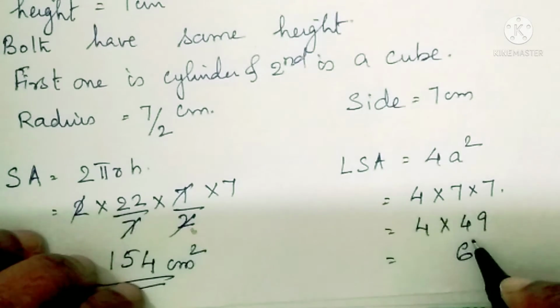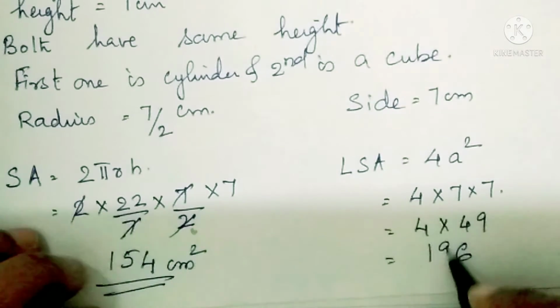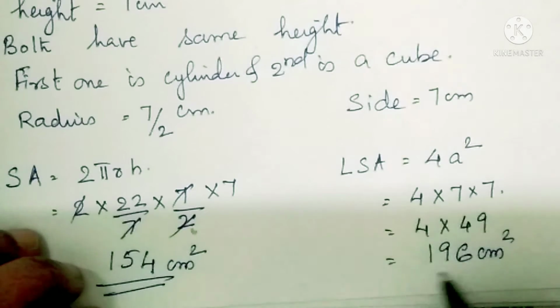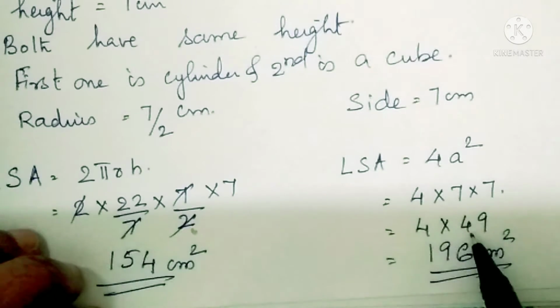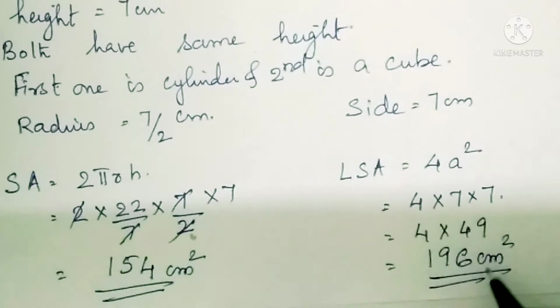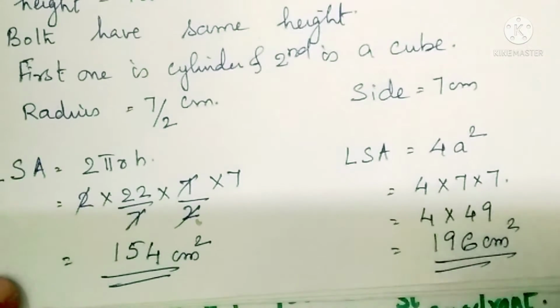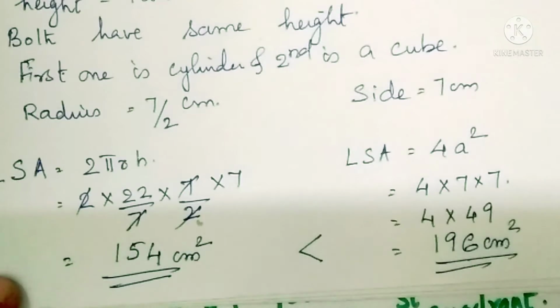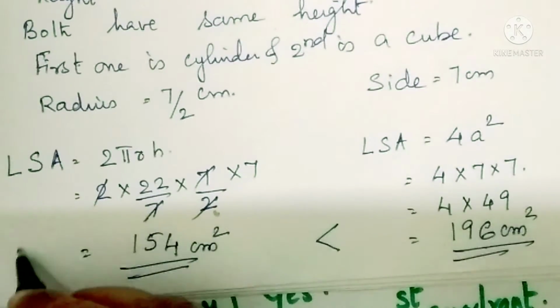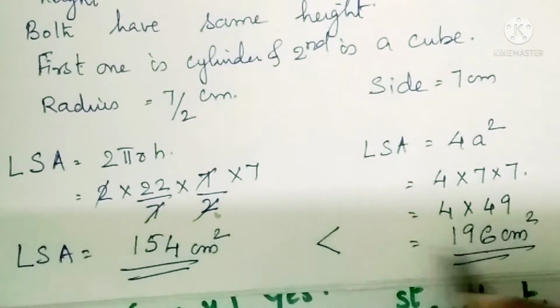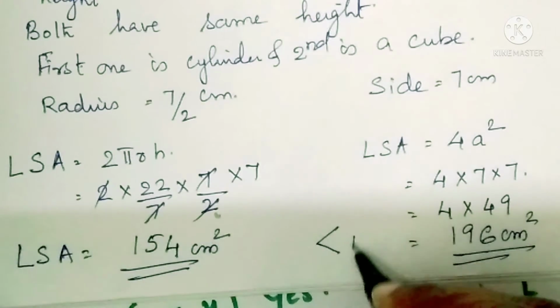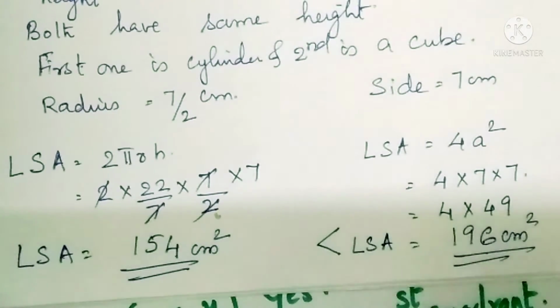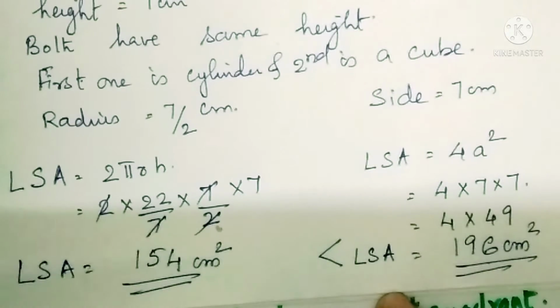Another way also, 4 into 50 is 200. 200 minus 4, 196. In both the ways you can calculate. Which one has more surface area? The cube has more surface area. So the lateral surface area of the cube is greater than LSA of cylinder.